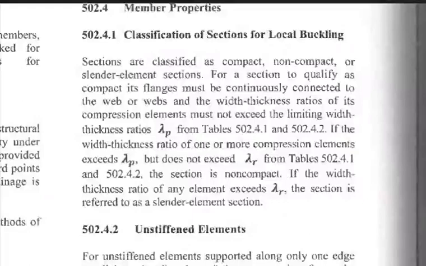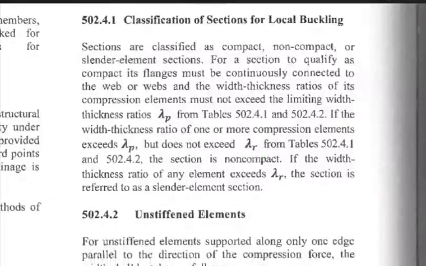So sections are classified as compact, non-compact, or slender element sections. So for a section to qualify as compact, its flanges must be continuously connected to the web or webs, and the width to thickness ratios of its compression elements must not exceed the limiting width to thickness ratio lambda p.